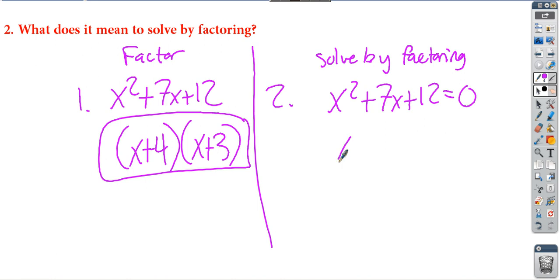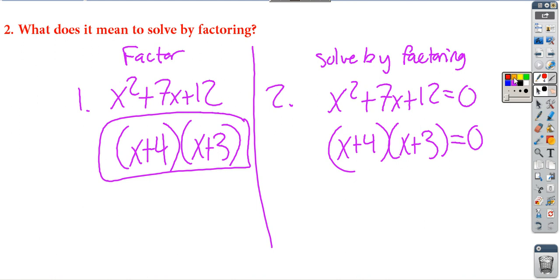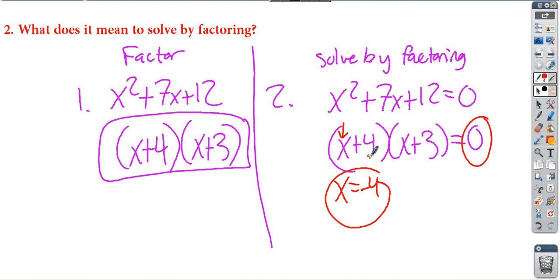This one right here has the same first step, x plus 4 times x plus 3. But to solve something means that your final answer should say x equals a number. How do you solve this? Well, we know that this has to equal 0. So we need to say what number plugged in for x right here would make that parenthesis 0. And the answer is negative 4. Negative 4 plus 4 is 0.